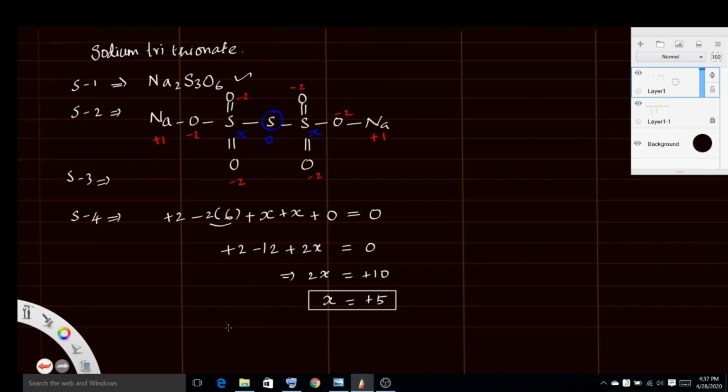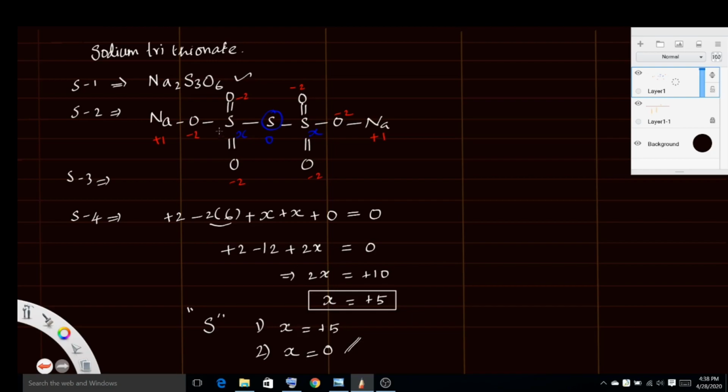So sulfur in trithionate has two oxidation numbers. The first one is X equal to plus 5, which are surrounded by oxygen, and the remaining sulfur is surrounded by 2 sulfurs which have 0 as the oxidation state.